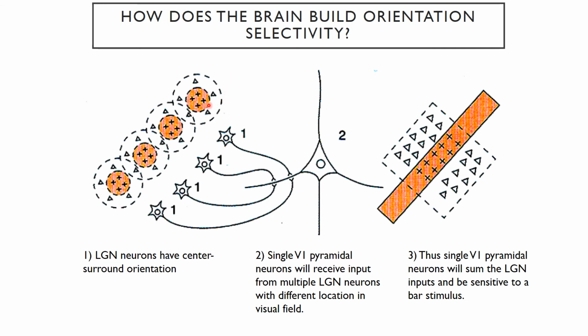So if you have a bar that is illuminating all of these centers and not the surround, that's when you start to see a bar orientation selectivity. So now we have in the visual cortex the ability to see edges. This is essentially edge detection. And we can have individual neurons that will see lines with different orientations in space.